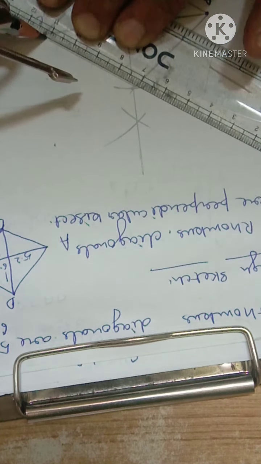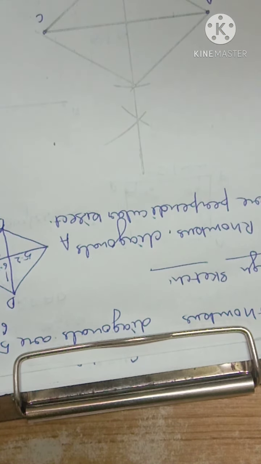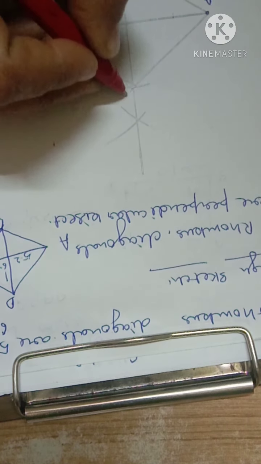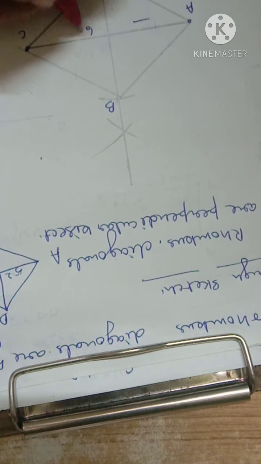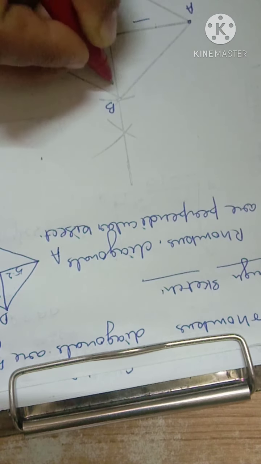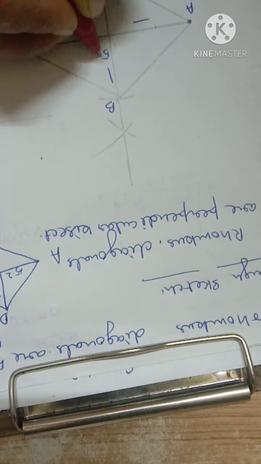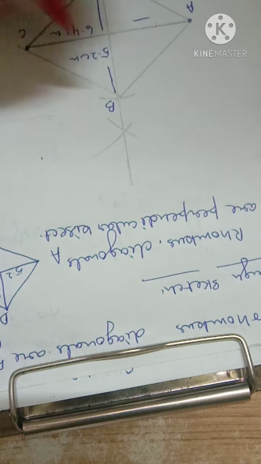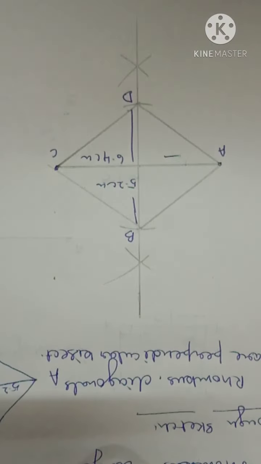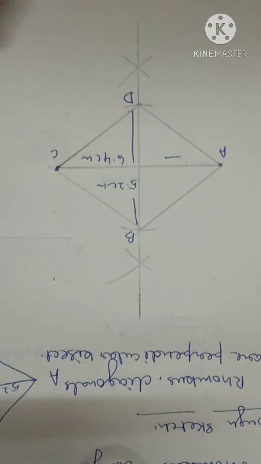After joining the line segments, give the names B and D. Label it. It's 6.4 centimeter. This one is 5.2 centimeter. Clear? If you have any doubt, then please tell me.